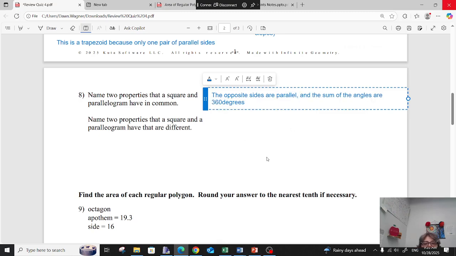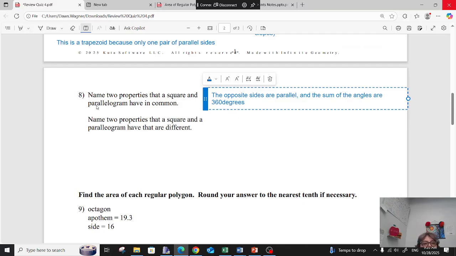All of them have 360 degrees. Hint, you can use that one for every single one, any two of them, right? Because all quadrilaterals have to have the sum equaling 360 degrees.